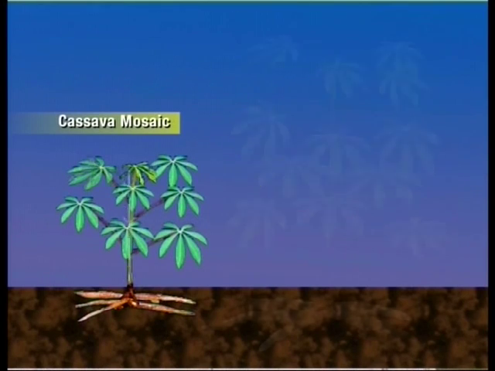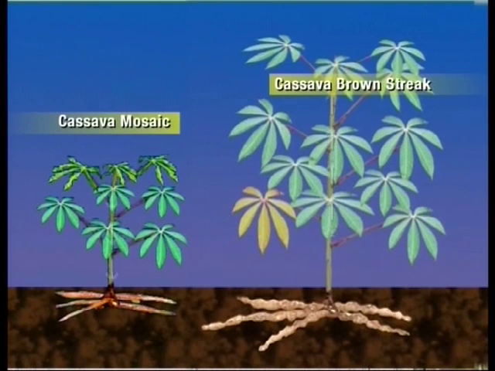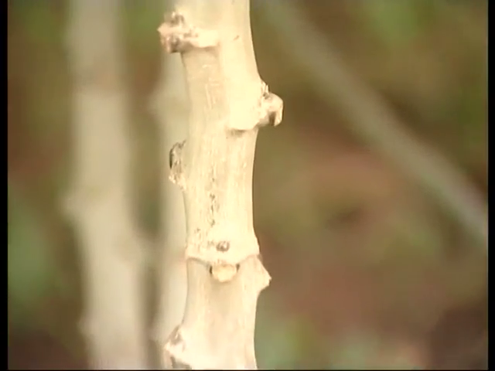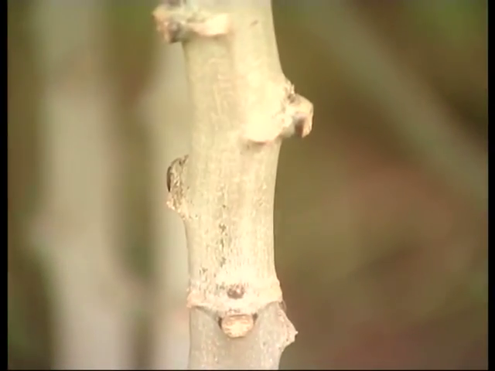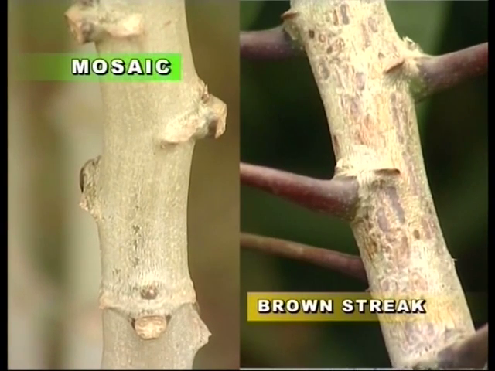That gives another difference between the two symptom types. Also, cassava mosaic disease does not cause wounds on the stems. Cassava brown streak causes scratch-like wounds on the stems.